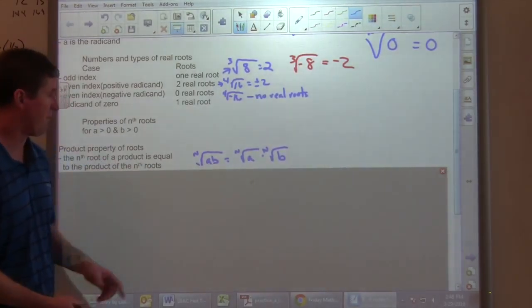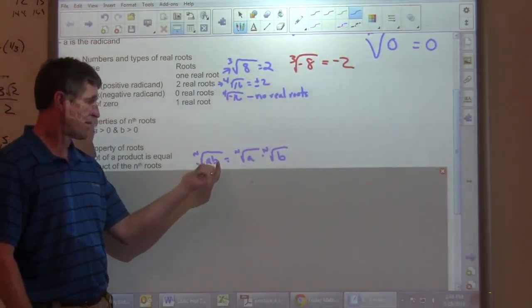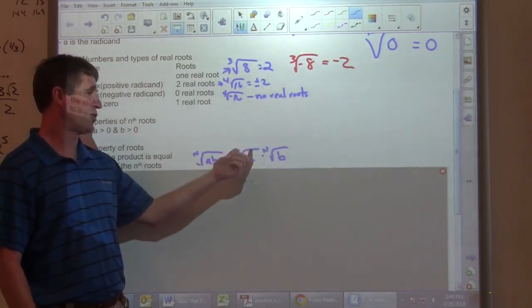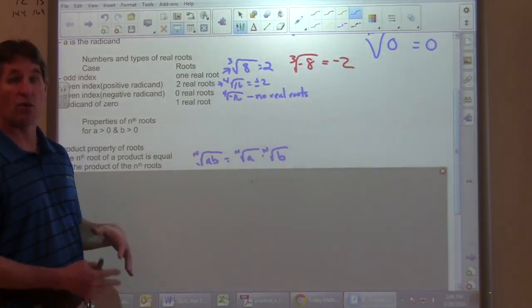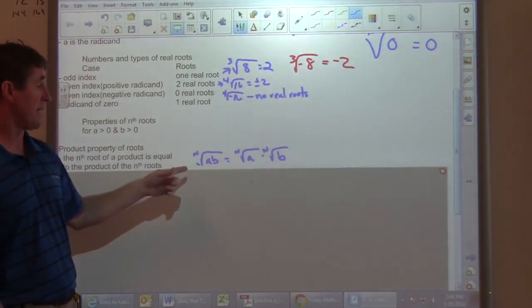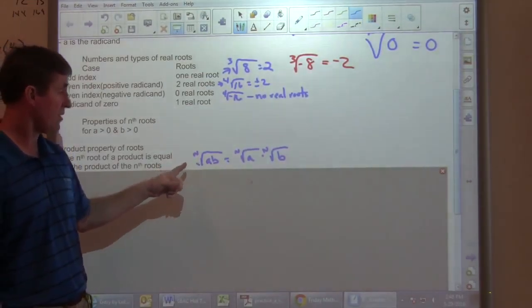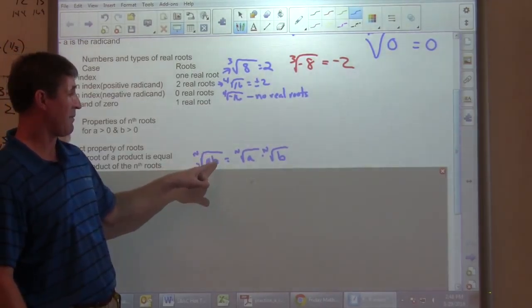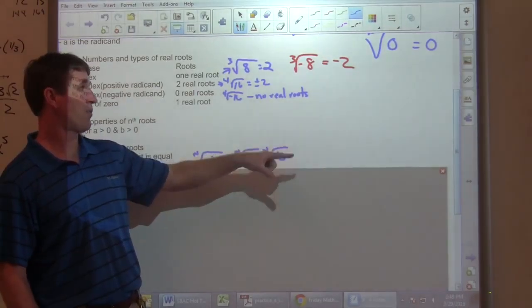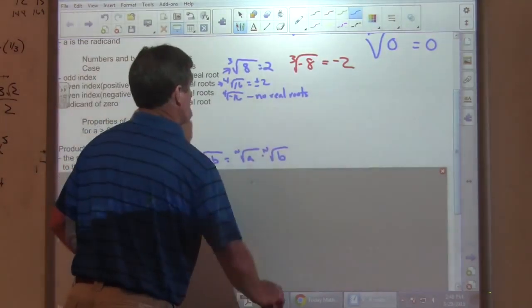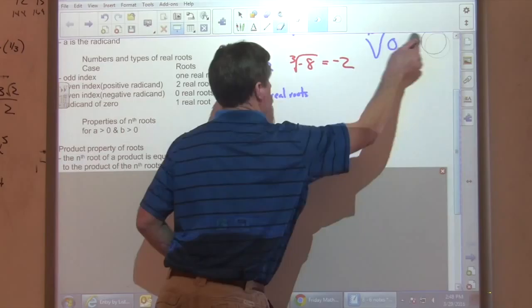All this tells you is if you have something inside here, you can break it into parts, and they can be multiplied together, or you could break it up. I'll show you an example in just a second. So the nth root of a times b could be broken into the nth root of a times the nth root of b.